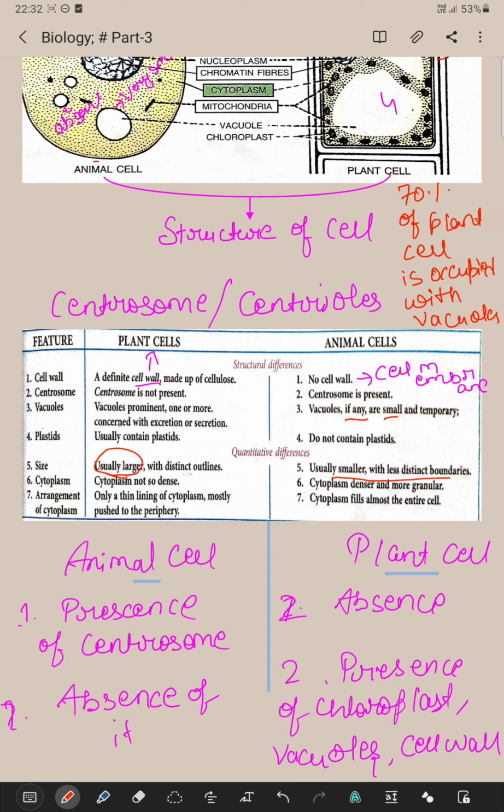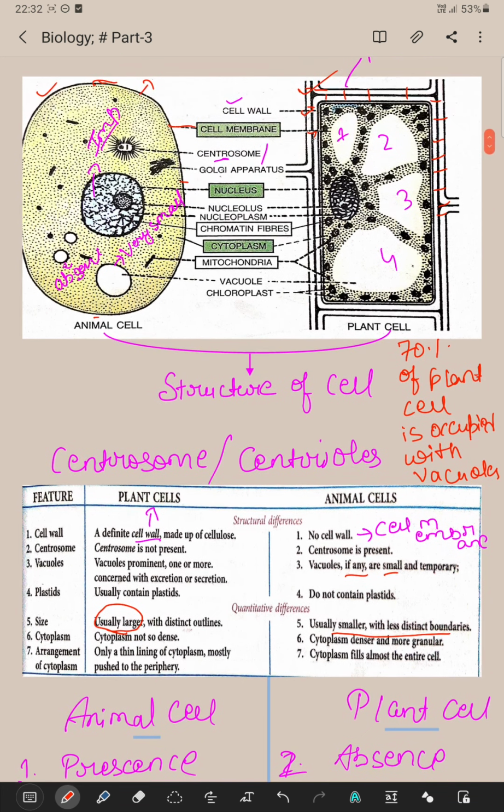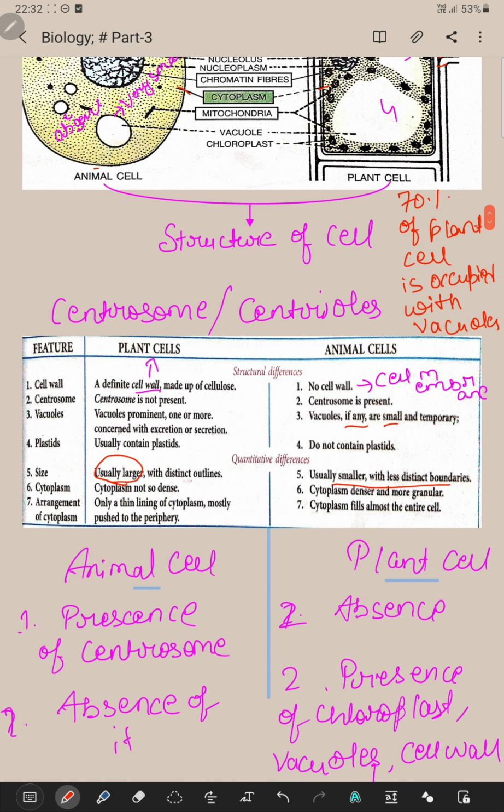Cytoplasm is not so dense in plant cell, but it is denser and more granular in animal cell. This liquidy thing you can see here is the cytoplasm. Then we have the arrangement of cytoplasm: in plant cell only a thin lining of cytoplasm is mostly pushed to the periphery, while in animal cell cytoplasm fills almost the entire cell.